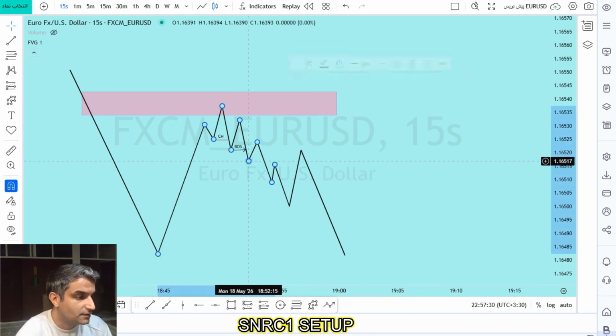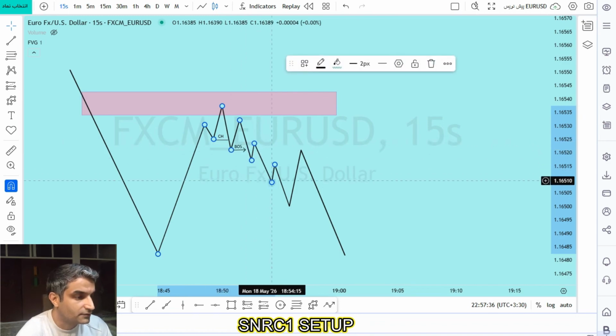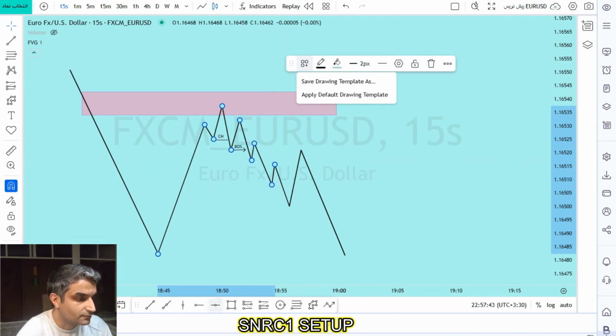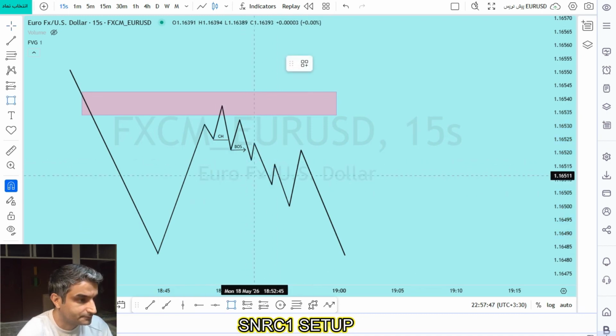And then we have one or two candles that react to this area, and after that price comes down, and there should be an FVG in this area.